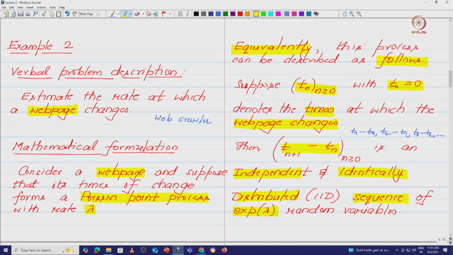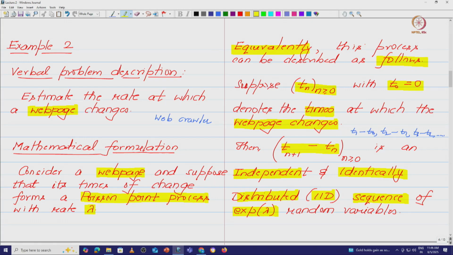I will denote exponential random variables using the notation exp, and lambda here denotes the rate of this exponential random variable. In other words, 1 over lambda is the expected value of this random variable, and you can already see that I have used this abbreviation IID to indicate independent and identically distributed.